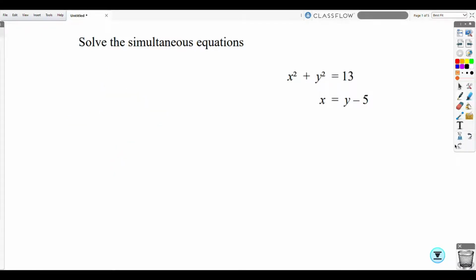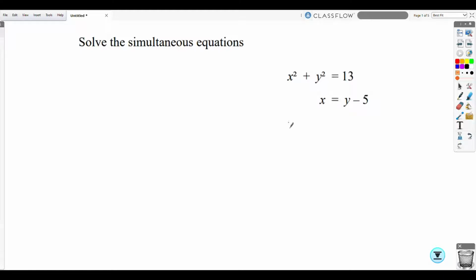So, how are we going to solve this? Well, normally when we solve simultaneous equations, we always try and get rid of one of the variables. The problem here is we're dealing with quadratics, so we can't have the same coefficients in both equations. What we want to do is substitute the equation with the lower power into the higher one.